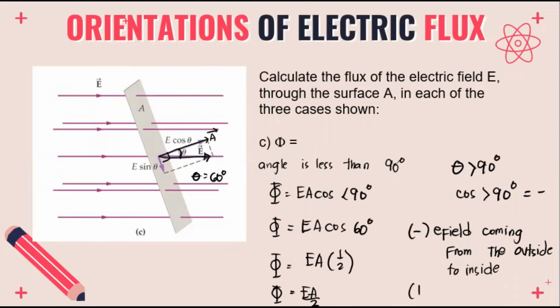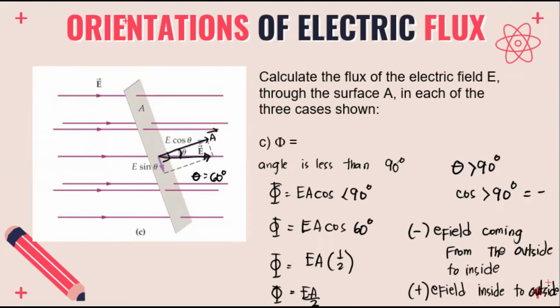Positive naman ang electric flux mo kapag ang electric field mo is coming from, vice versa, the inside to outside. So meaning, yung electric field na na-experience mo ay galing sa loob palabas.